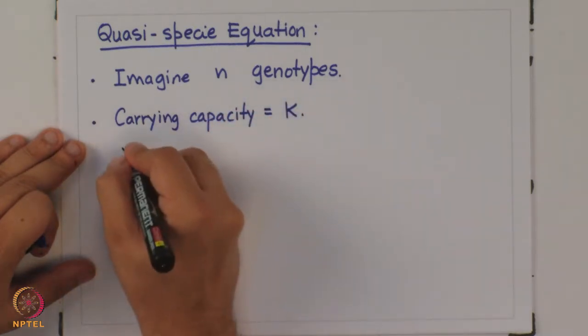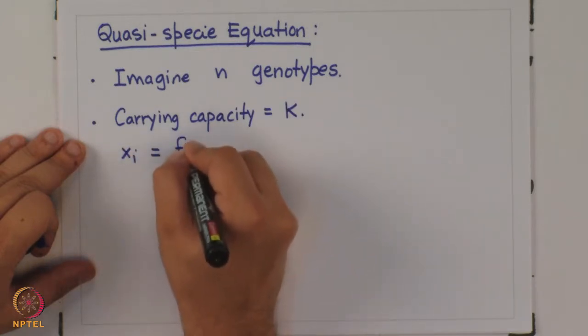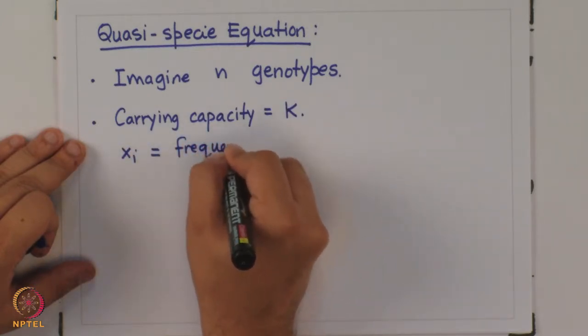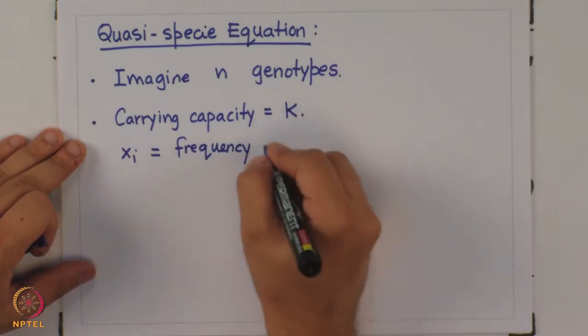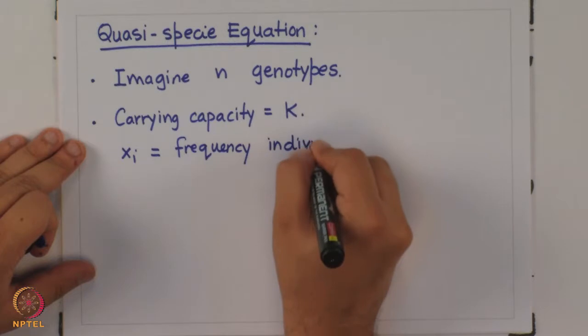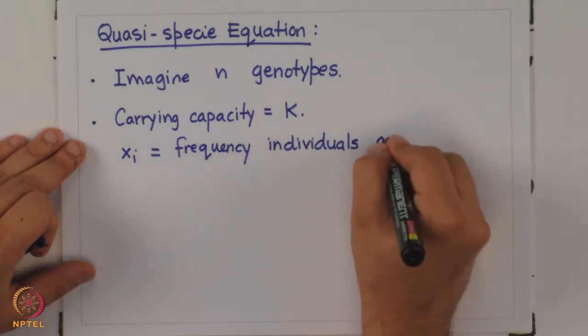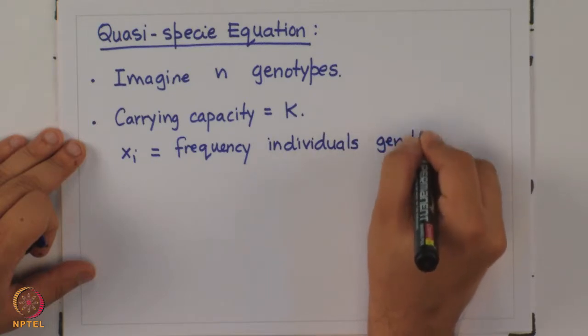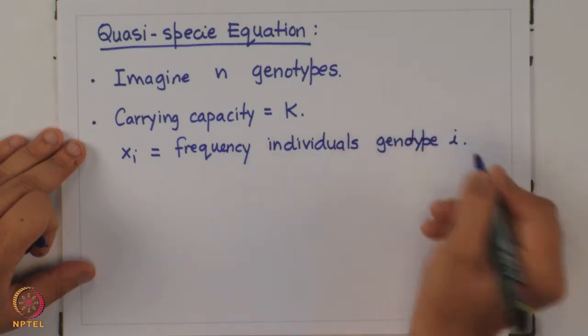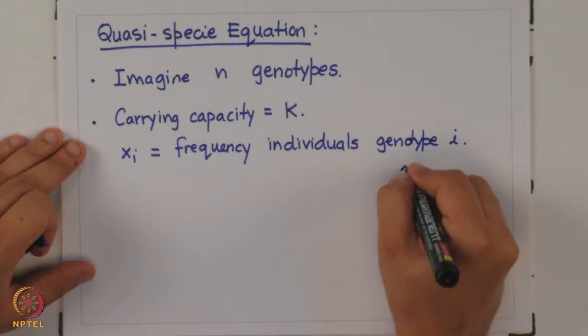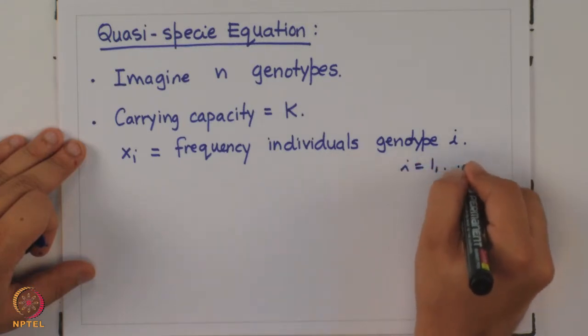And x_i represents the frequency associated with individuals belonging to genotype i. Right? And i goes from 1 to n.